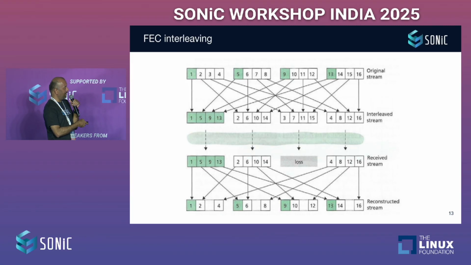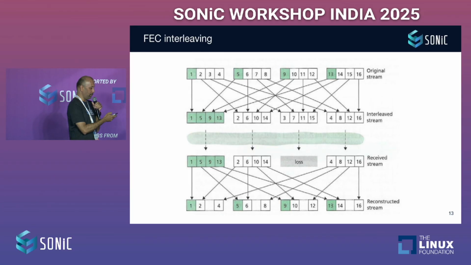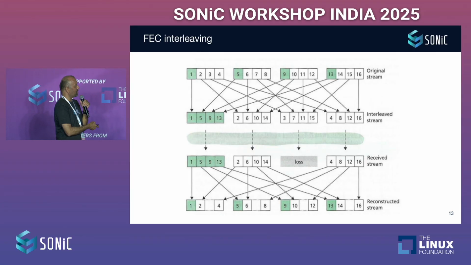But if you interleave one code word from a batch of 4, so you collect together 1, 5, 9, 13 in one batch, then 2, 6, 10, 14 in another batch, and 3, 7, 11, 15 in another batch. If you do that, and suppose this code word, 3, 7, 11, 15, gets lost, because it is distributed across, it was supposed to be recovering 1, 2, 3, 4, 5, 6, 7, 8.